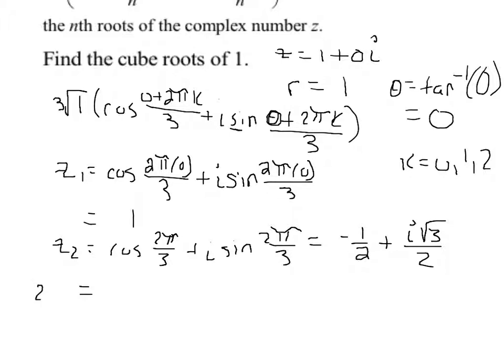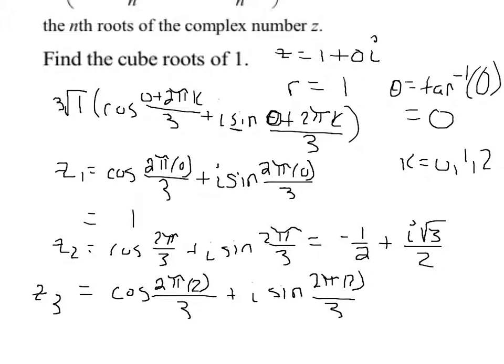And you get z3 equals cosine 2 pi times 2 over 3 plus i sine 2 pi times 2 over 3. So you have to think, what's the cosine of 4 pi over 3?